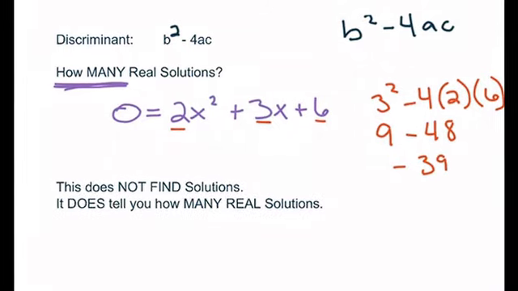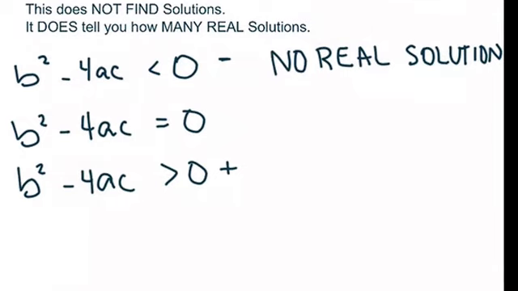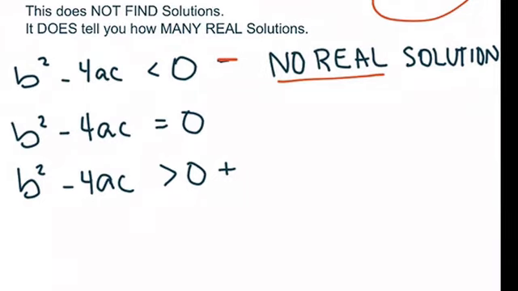So what is the discriminant telling us? If b squared minus 4ac is less than 0, or it is a negative number like we've got right here, there are no real solutions to that quadratic. If b squared minus 4ac is equal to 0, then there is exactly one real solution.